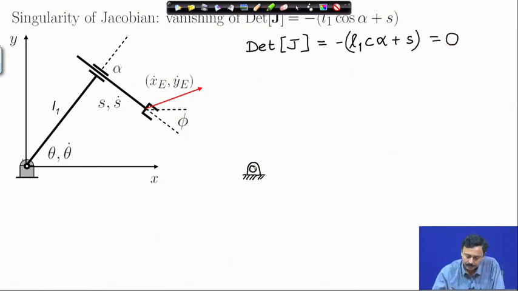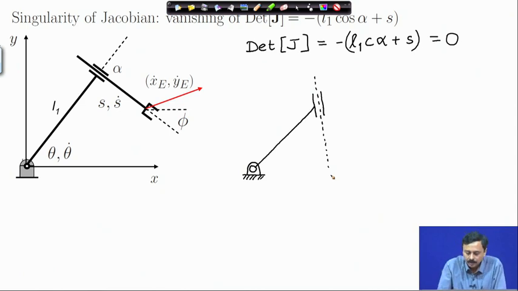Now, if you look at this configuration, I have the first link drawn, and the dashed path is the path of the end effector as you change s.